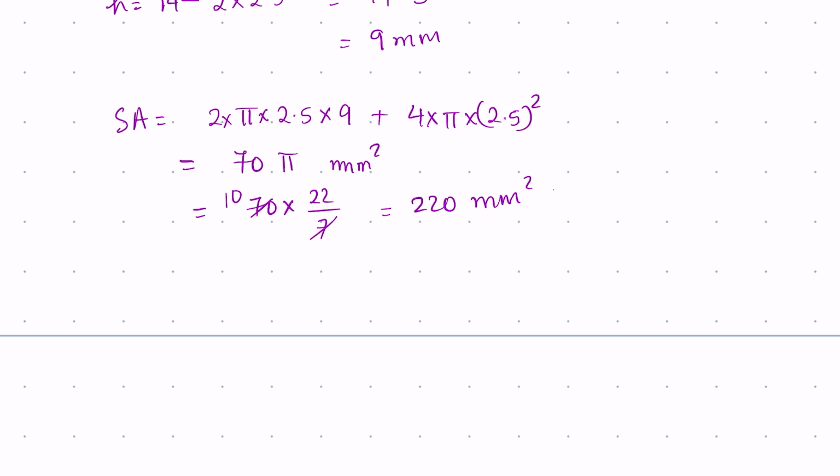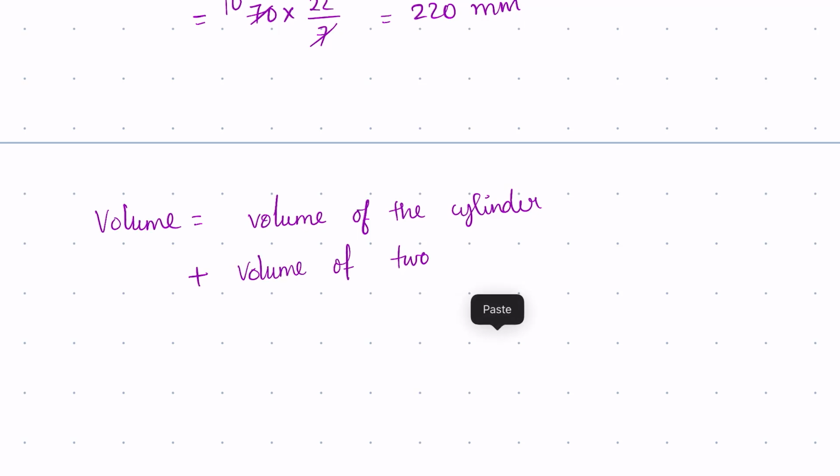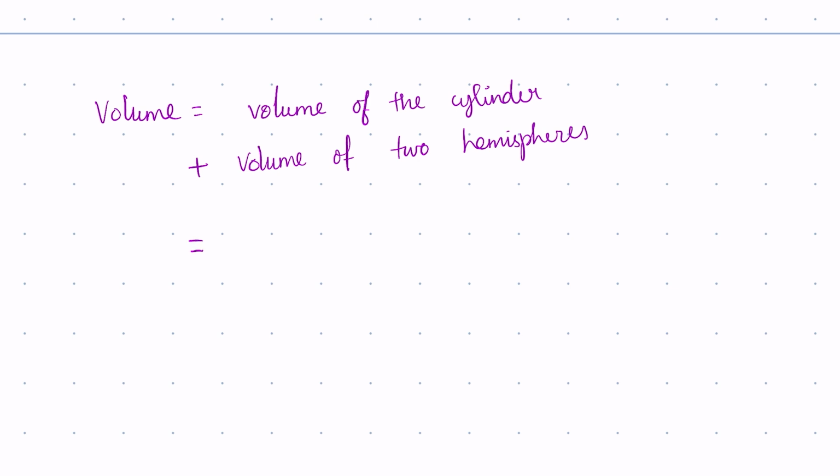Next we also need to find the volume. Volume is equal to the volume of the cylinder plus the volume of two hemispheres, which is nothing but the volume of a full sphere. What is the formula for the volume of a cylinder? That's pi r squared h, and the volume of a full sphere is 4 by 3 pi r cubed.